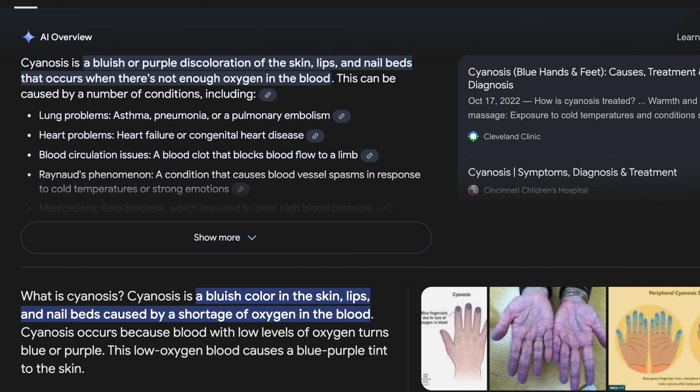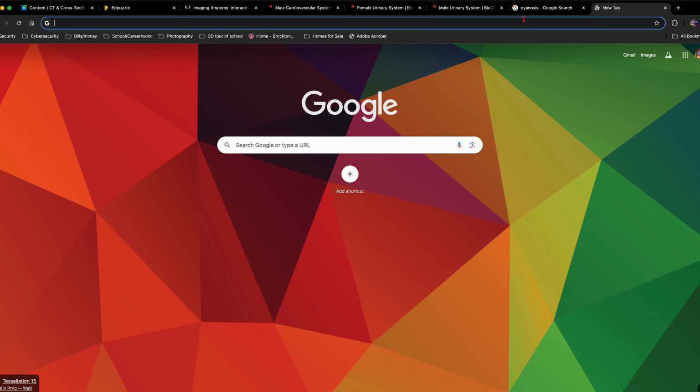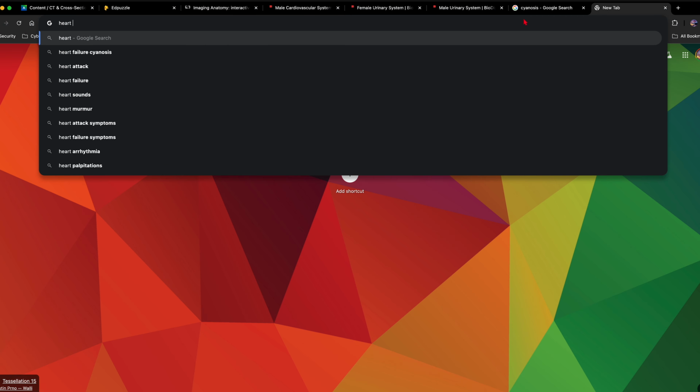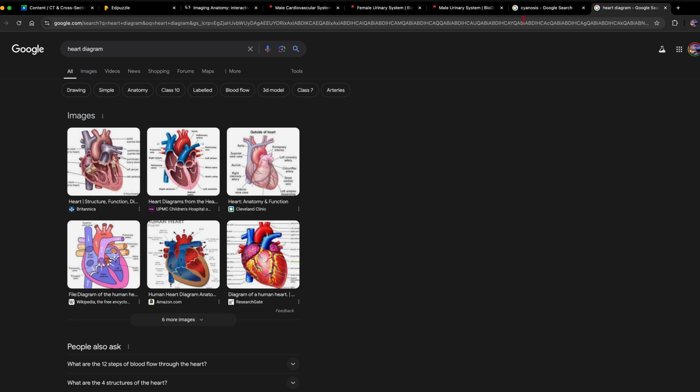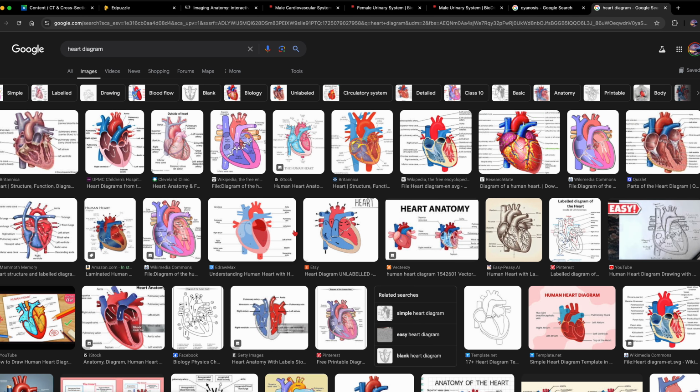If you notice, on almost every heart diagram, veins show up as blue and arteries show up as red.